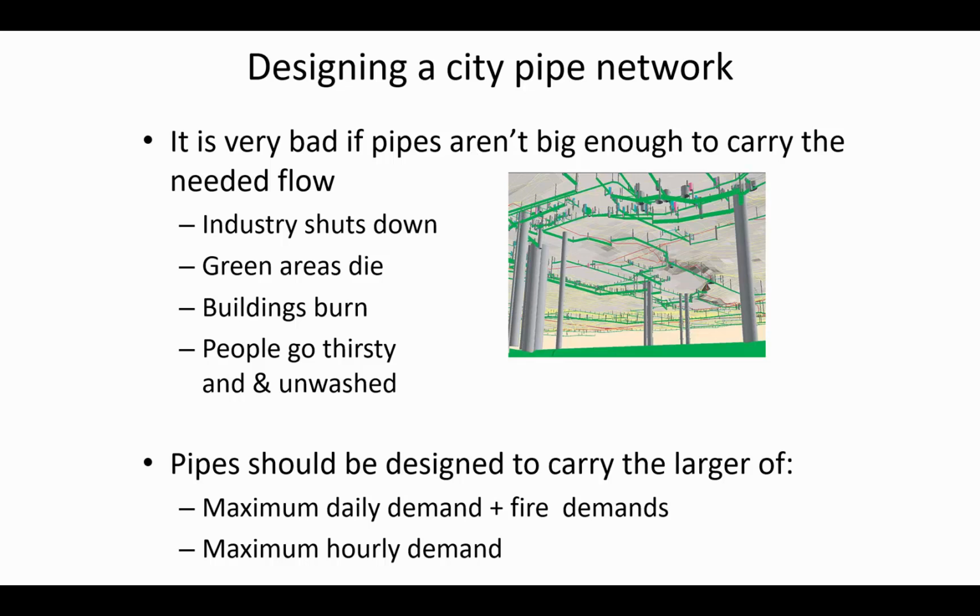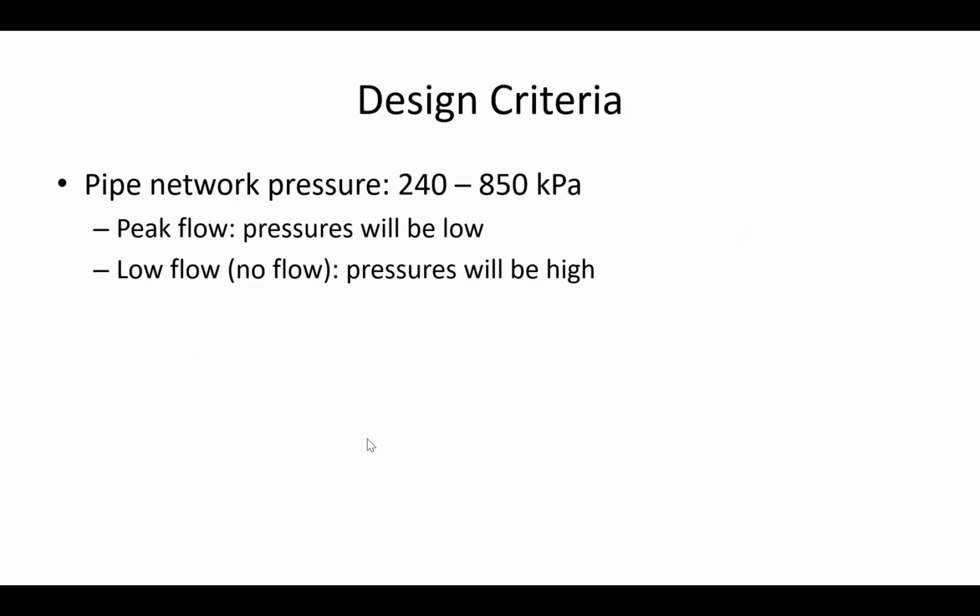Now, you've just finished your demand estimation summaries, and your pipe sizing needs to be the larger of the maximum hourly demand or the maximum daily demand plus fire flow. That requirement is wrapped up in the formatting of the summary table that you've used for your demand estimation.